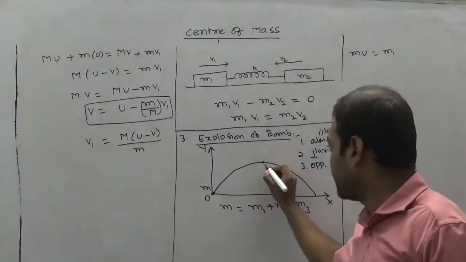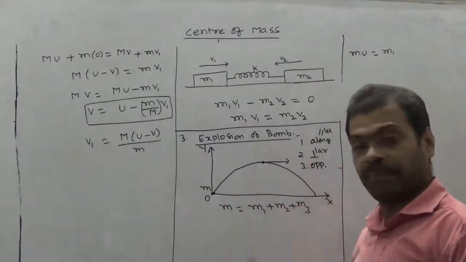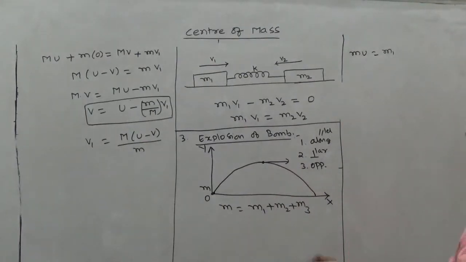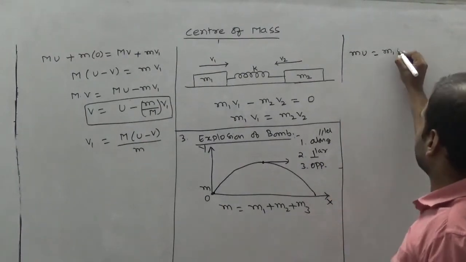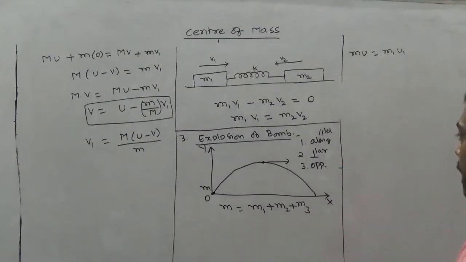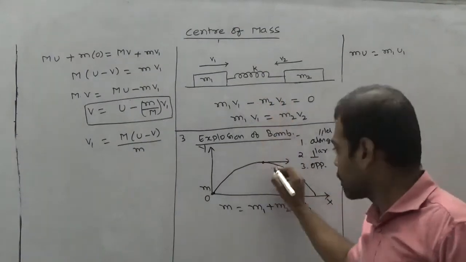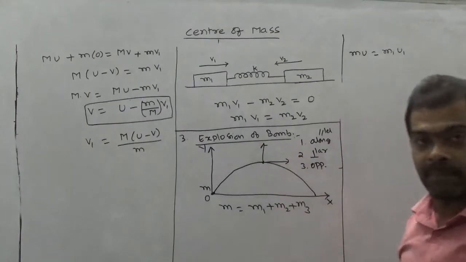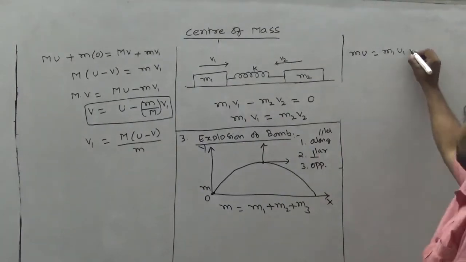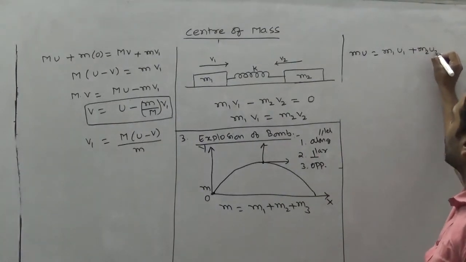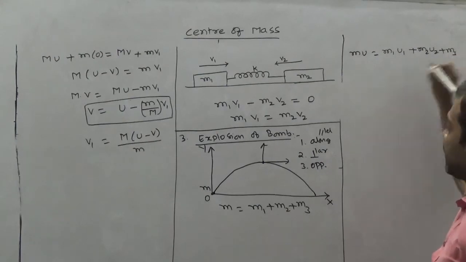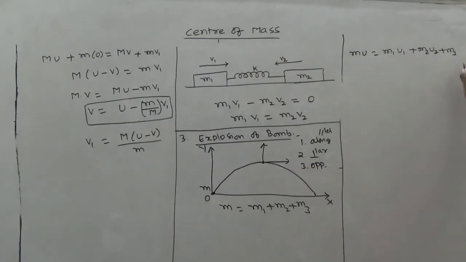At the highest point, along the parallel direction I am considering u1, perpendicular means u2, plus m2 u2, and the opposite direction means u3.